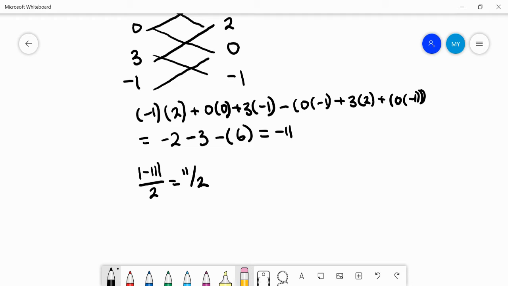So this is the area of the small triangle. To compute the area of the big triangle, remember we're going to multiply the area of the small triangle by 10,000.